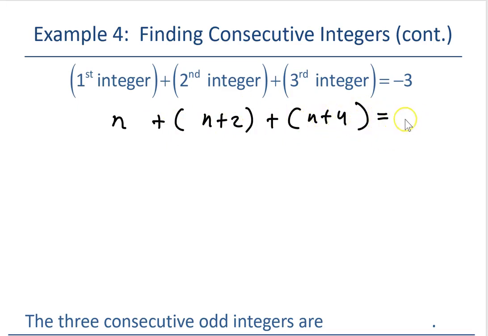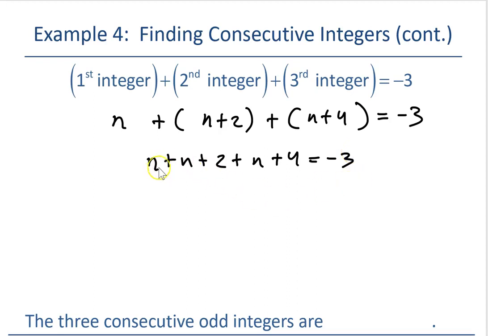And it would go on like that forever. Okay, all of that has to equal -3. Well, notice we're having pluses here, so I can go ahead and get rid of all the pluses, and get rid of all the parentheses, and just literally write this as n plus n plus 2 plus n plus 4, all equal to -3.